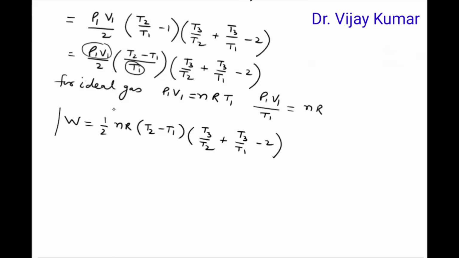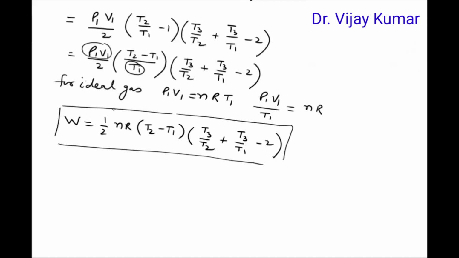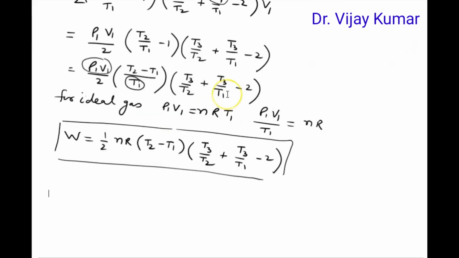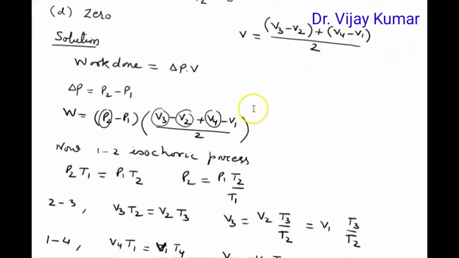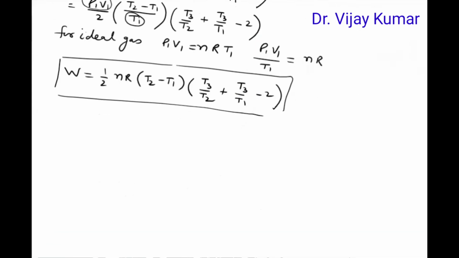So this is the total work done in this PV diagram, and if we see the answer options, the answer is C. The answer of this question should be C.